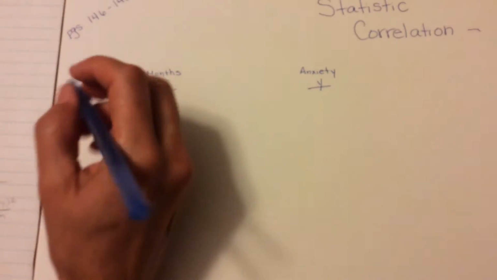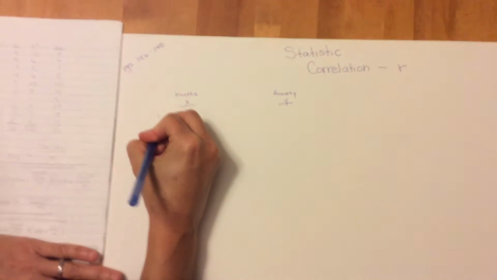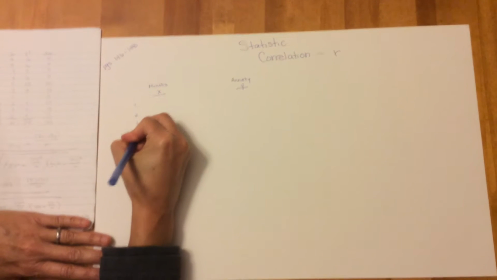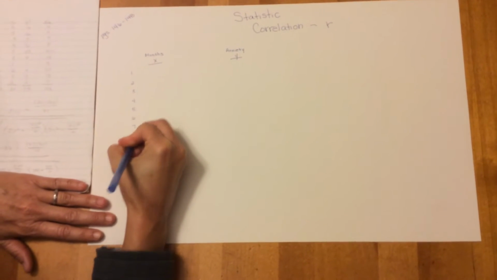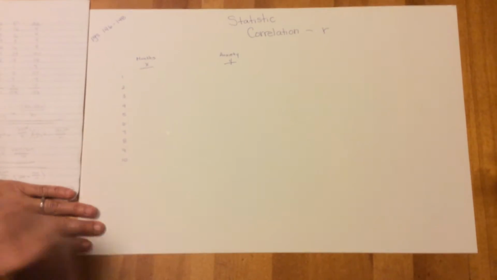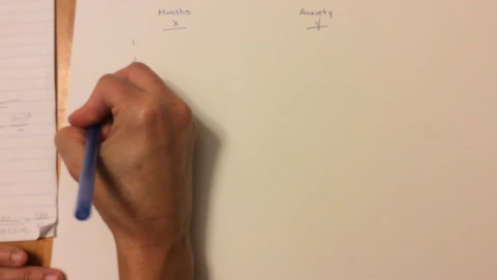That's our variable Y. And we have 10 participants, so we're going to go 1, 2, 3, 4, 5, 6, 7, 8, 9, 10. Okay? And because we have 10 participants, N equals 10.